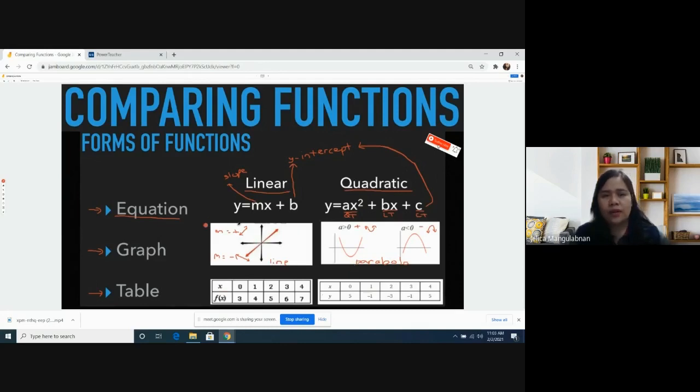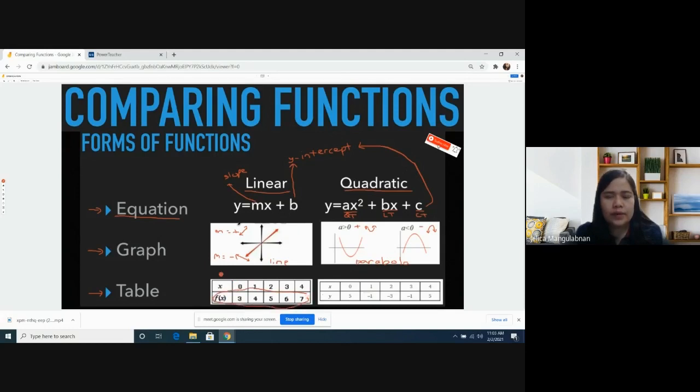Of all three given forms of functions, in equation, graph, and table, for me this is the most tricky one. But if you know those concepts, it is easy to identify if the given table of values is a linear equation based on the output or the function in here.